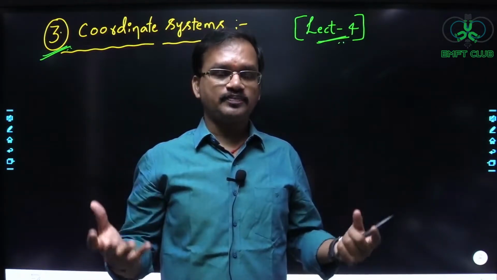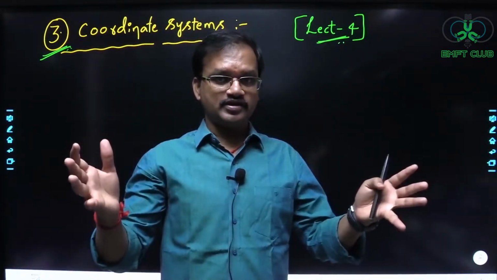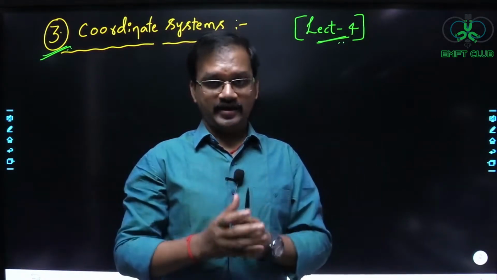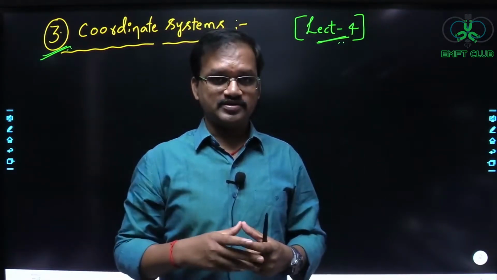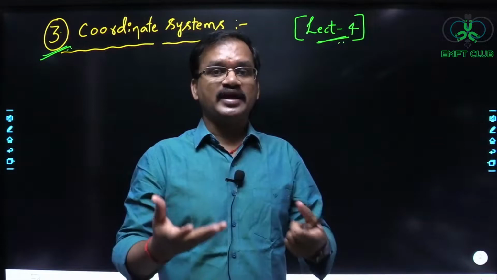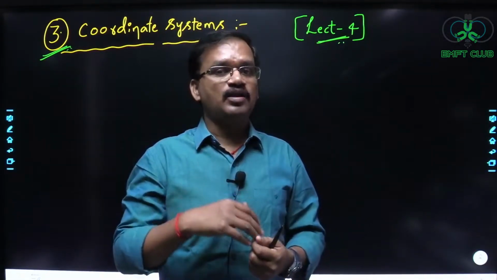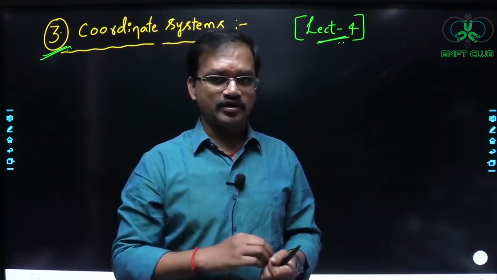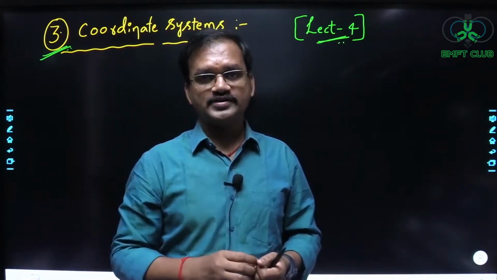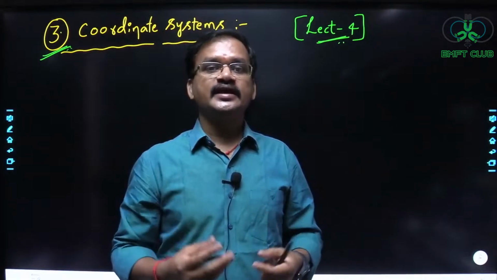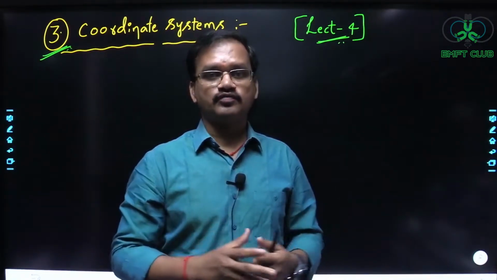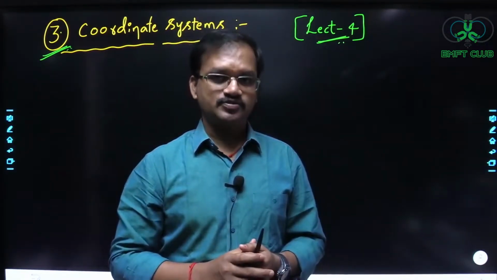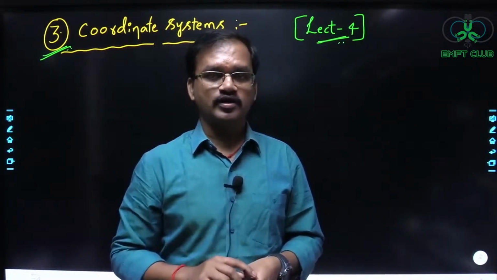If you want to represent the distribution of these fields radiated by the antenna, we can represent them in a simple manner with the help of coordinate systems. So that is the purpose of coordinate systems.